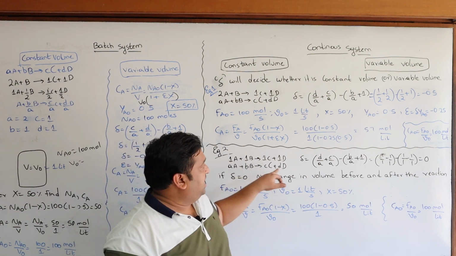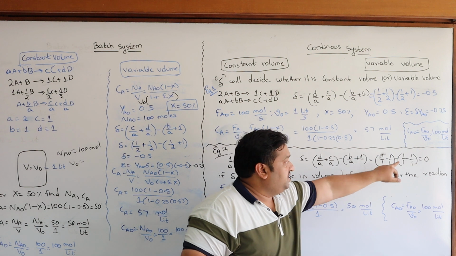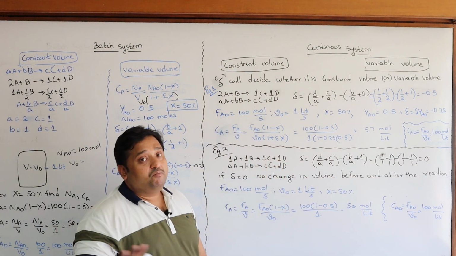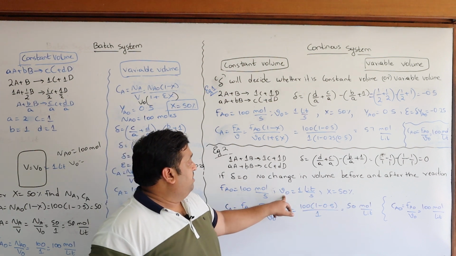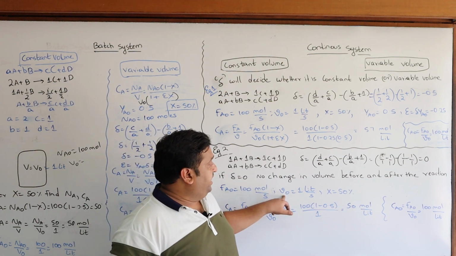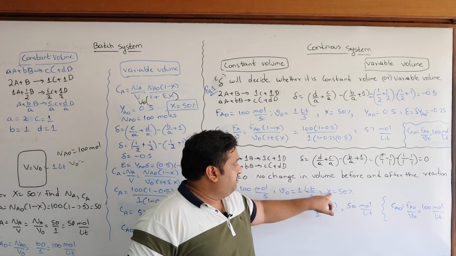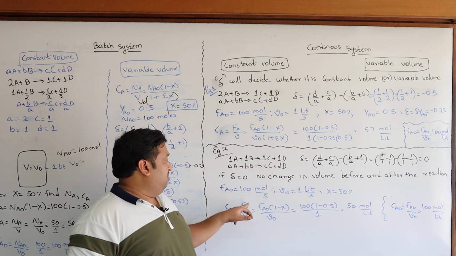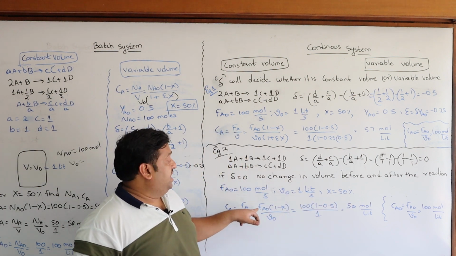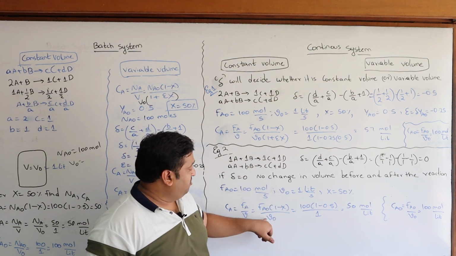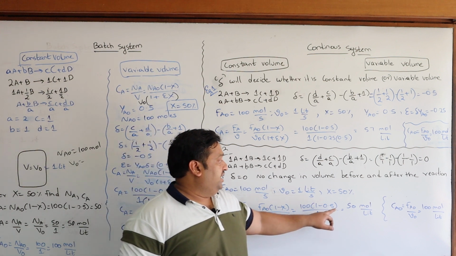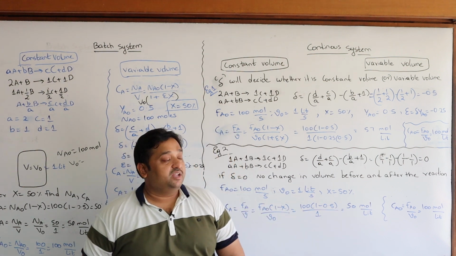For this case I have calculated delta, and delta is 0, so there is no change in moles because of the reaction. Fa0 equals 1000 moles per second, nu0 the initial volumetric flow rate is 1 liter per second, the conversion is 50%, then Ca is equal to Fa by nu. Fa is equal to Fa0 into (1 minus x), final volumetric flow rate is equal to initial volumetric flow rate, then we get 50 moles per liter.